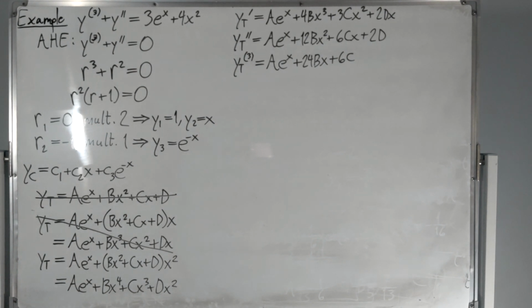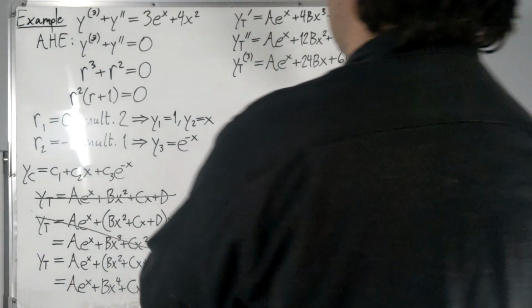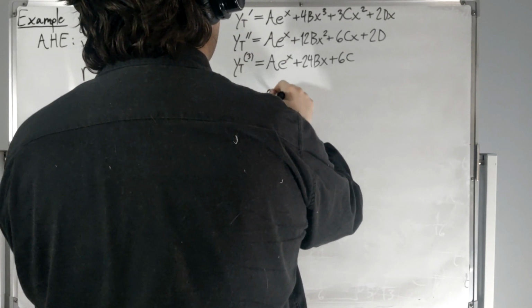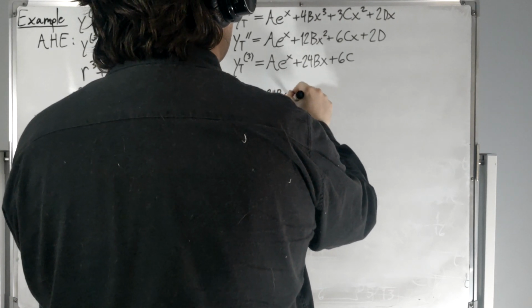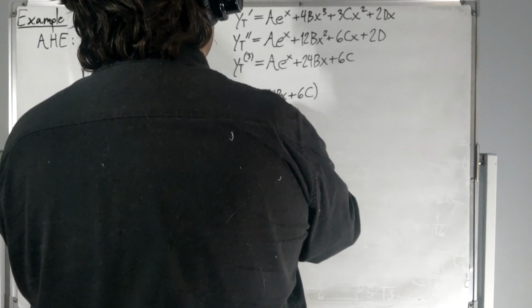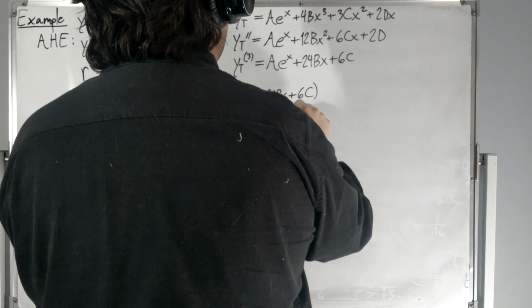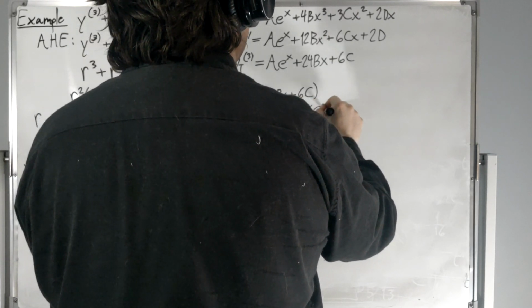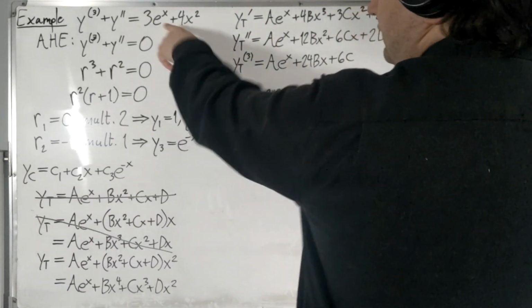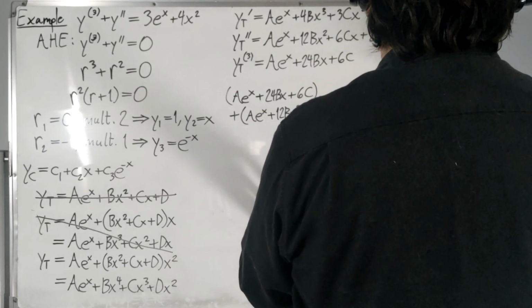So we're supposed to add the second and third derivatives and get that on the right side. So let's see here. We should have ae to the x plus 24bx plus 6c. Add to this ae to the x plus 12bx squared plus 6cx plus 2d. This should equal 3e to the x plus 4x squared.